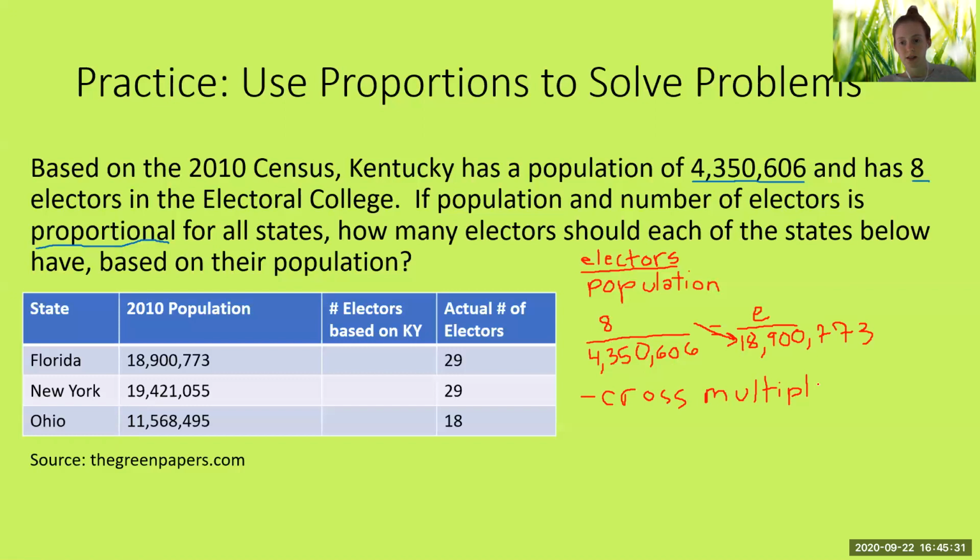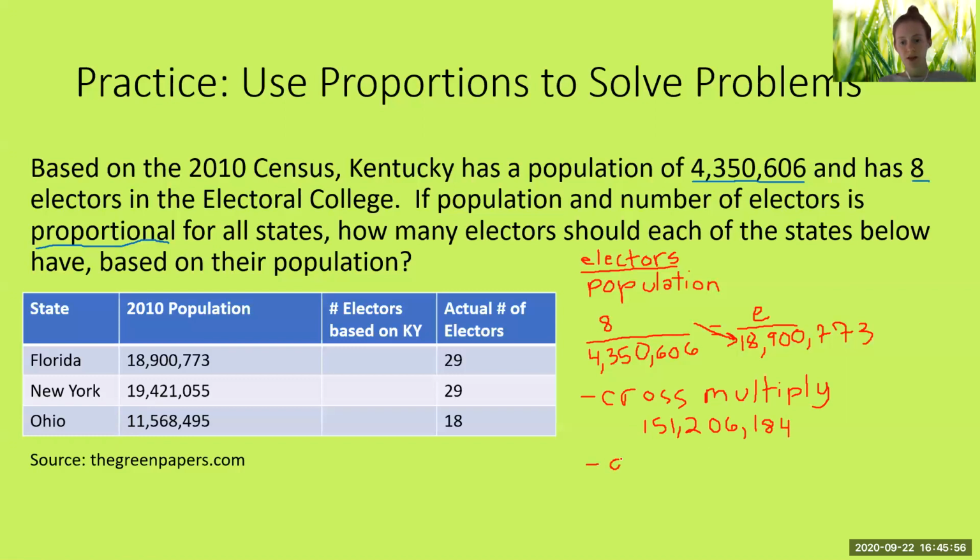Eight times 18,900,000 and so on. Then we get this answer of 151,206,184. That's the result of my cross multiplying.